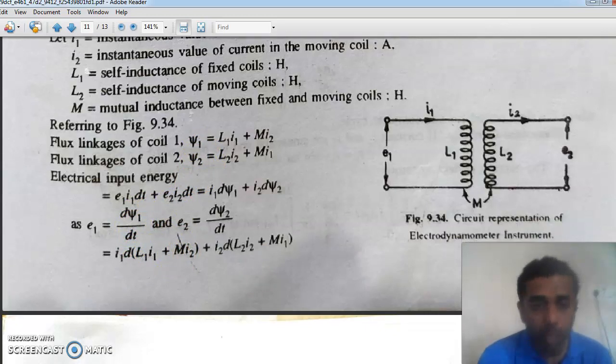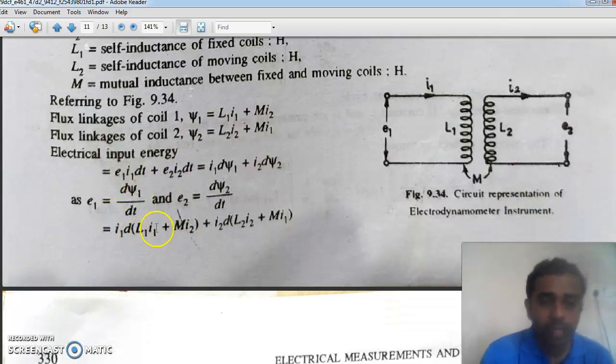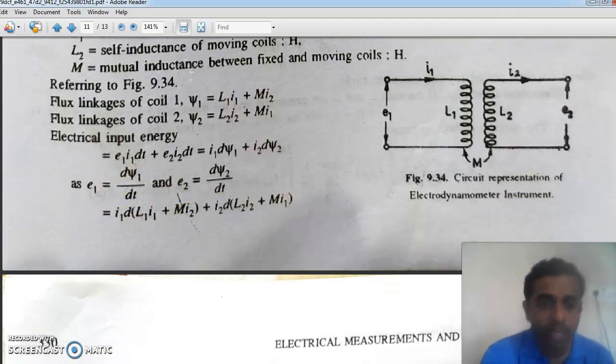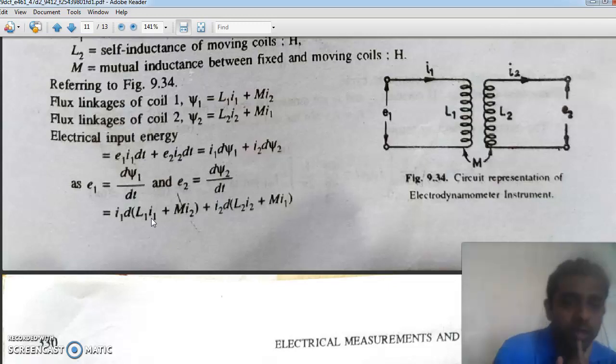If you differentiate this bracket and this bracket, you will get this term. The first term is L1 I1 dI1 plus I1 square dL1. Those are the first two terms.